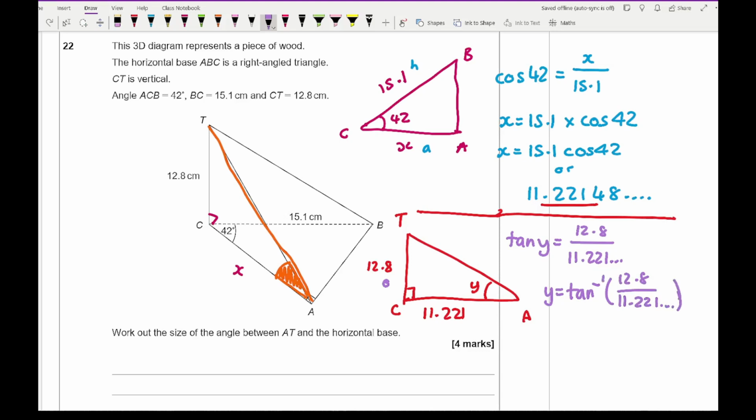So typing that all in, inverse tan, set up my fraction, 12.8 over the 11.22, in which I get an answer of 48.8 degrees, and that's to 1 decimal place.